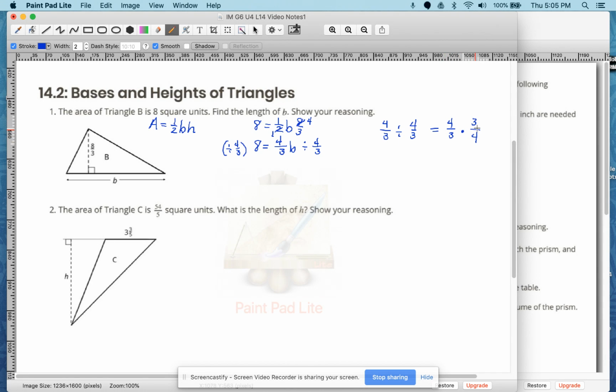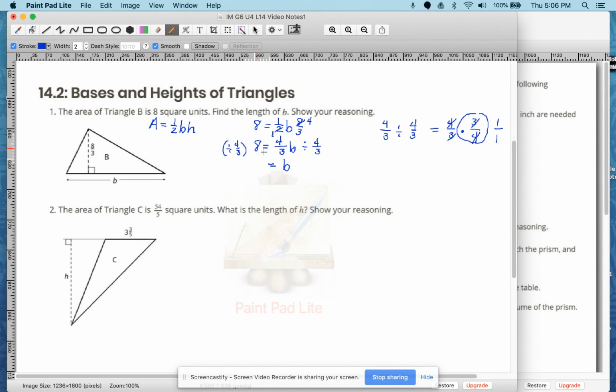And really what you're doing, instead of dividing by the fraction, look here, you're actually multiplying by the reciprocal. And when you do that, 4/3 multiplied by its reciprocal, 3 cancels out 3, and 4 cancels out 4. We get 1 times 1 in the numerator and 1 times 1 in the denominator. 1 over 1 is 1. So on this side over here, we have 1b.